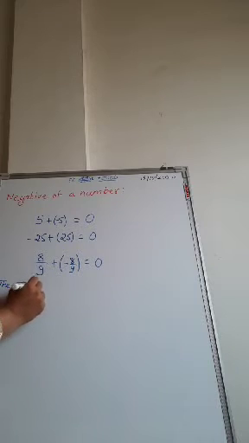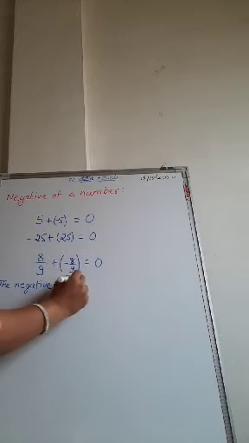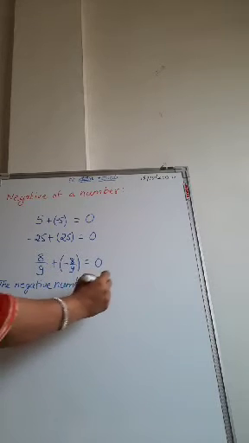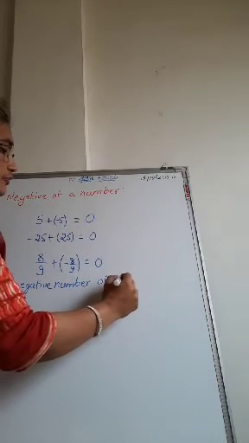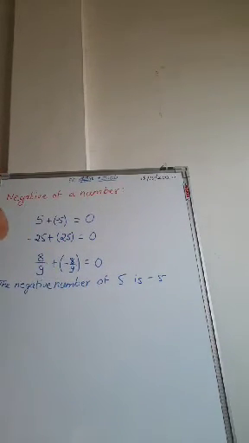The negative number of 5 is minus 5. Or we can say it is the additive inverse of a number.